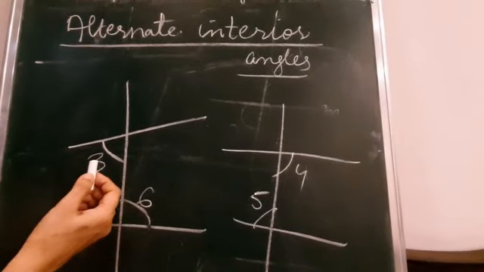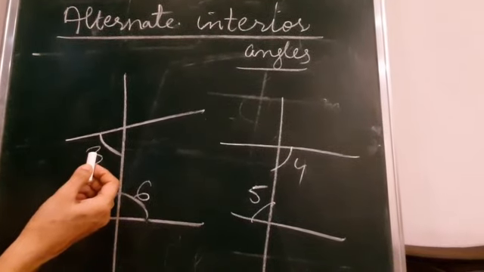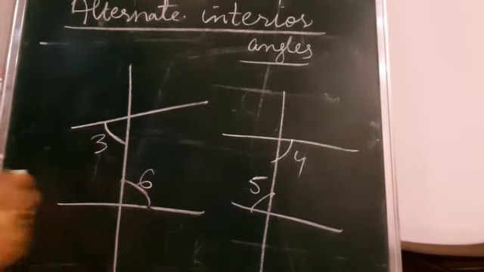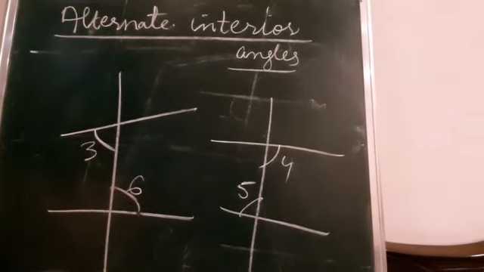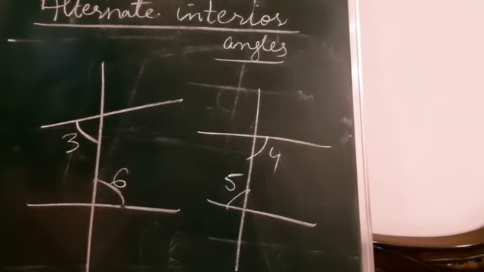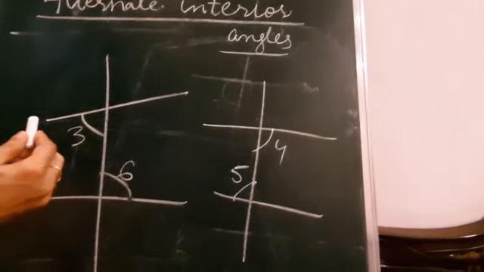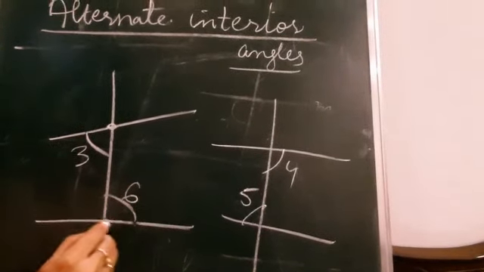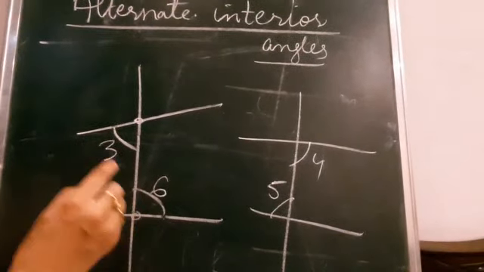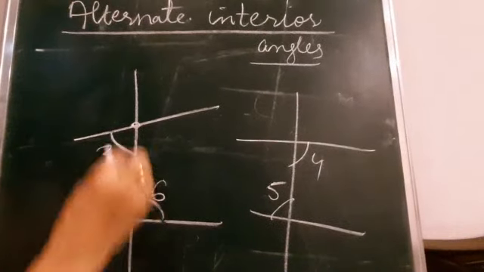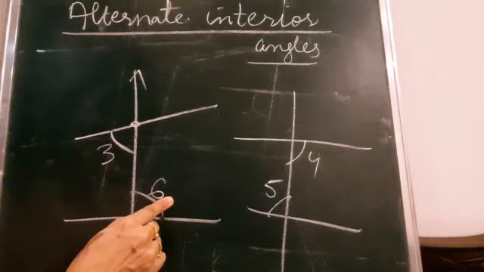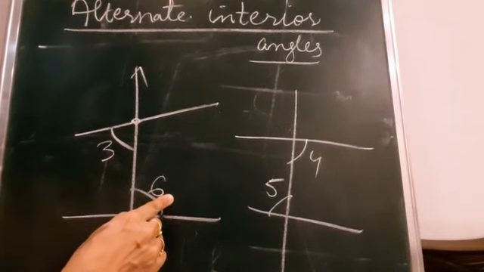Now come to pair of alternate interior angles. Angle 3 and 6. These two angles are said to be alternate interior angles. What is the condition here for alternate interior? They have different vertices and they are on the opposite side of transversal. This is transversal and they are on the opposite side of transversal and they lie between the two lines.